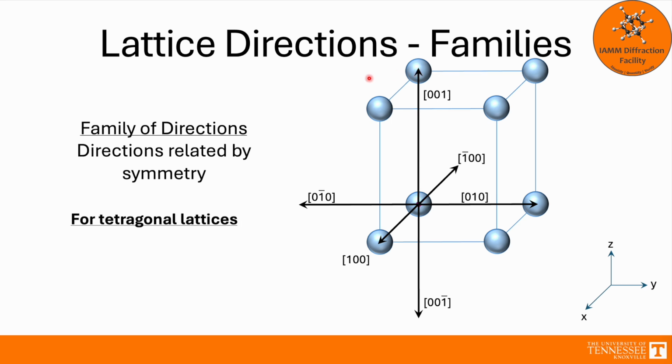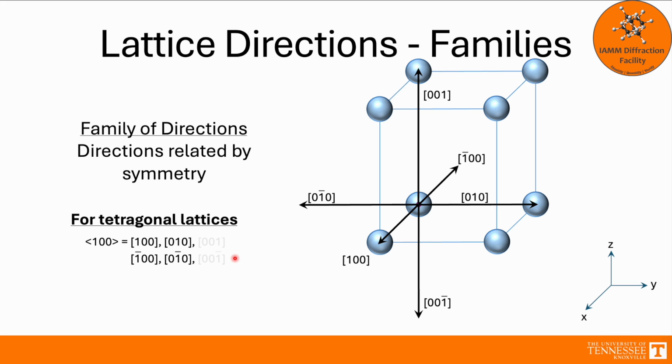So as a result, if we looked at a tetragonal lattice and looked at the 1, 0, 0 family of directions, this is what it was for cubic, but because now that z direction is different from the x and y directions, anything with a 1 in, essentially, the w position goes away.